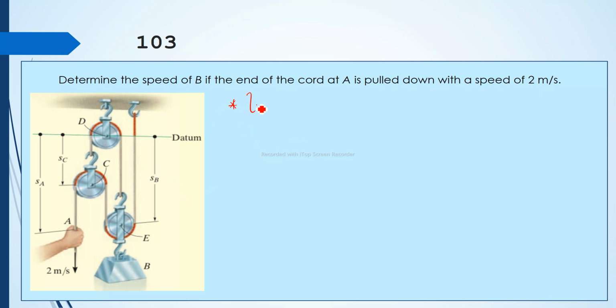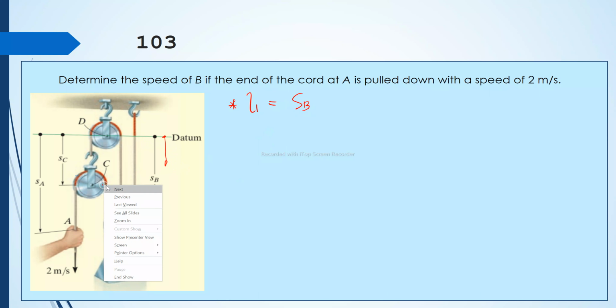So we have our length one, the total length of our first chord. So let's say our first chord is this one. Yeah, we have this one. So if you look clearly, we have our datum here, and then downward we have length SB.